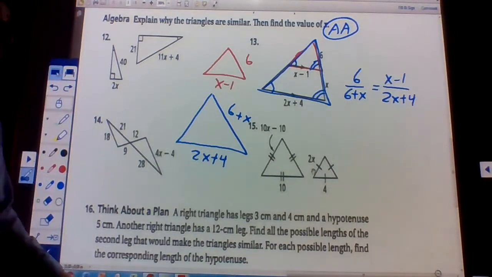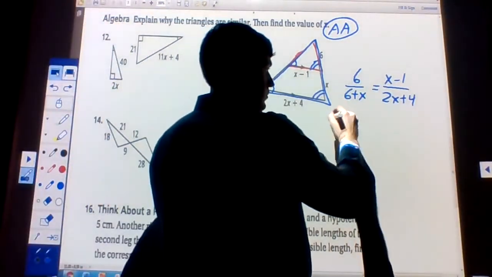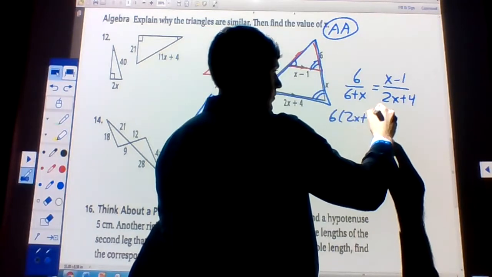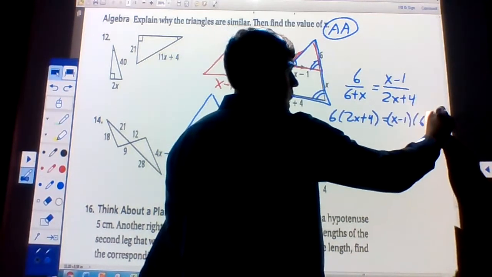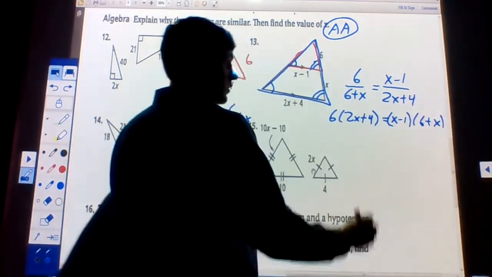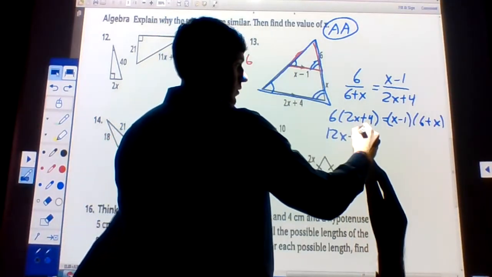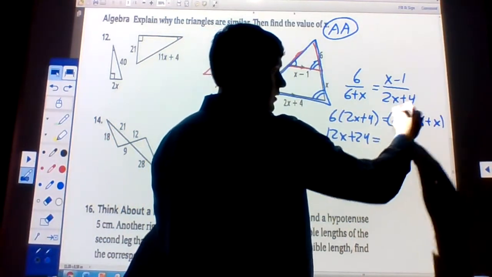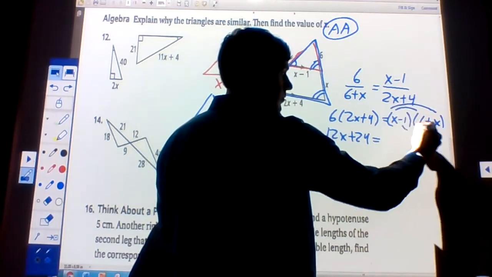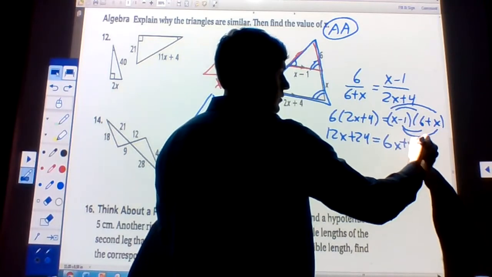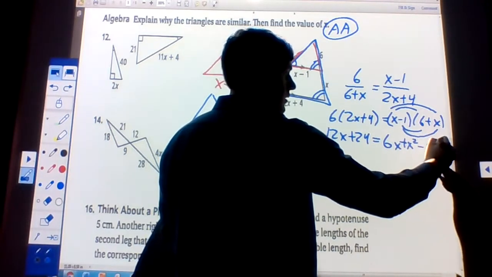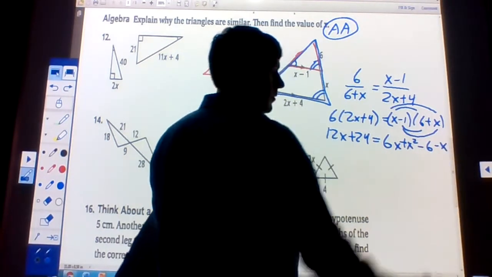And then we can cross multiply here, so we get 6 times 2x plus 4 equals x minus 1 times 6 plus x. So we get 12x plus 24. We got to just FOIL. So we get 6x plus x squared minus 6 minus x.